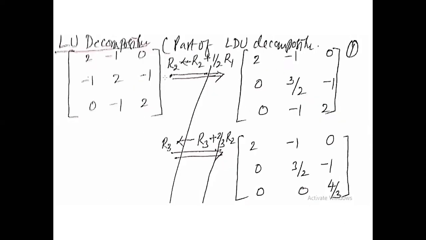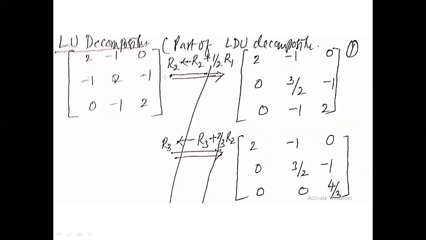So let's do the first operation. I'm replacing row 2, that means this row, with this row plus half R1. So row 2 becomes -1 plus half R1, that means 1 by 2 into 2 which is 1, and -1 plus 1 will make it 0.